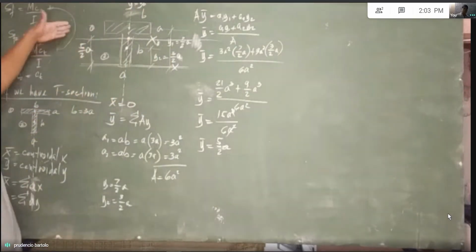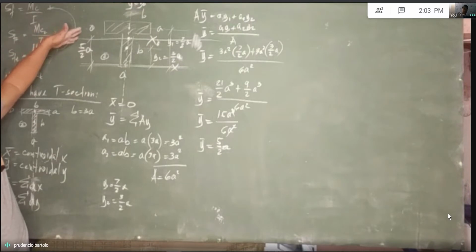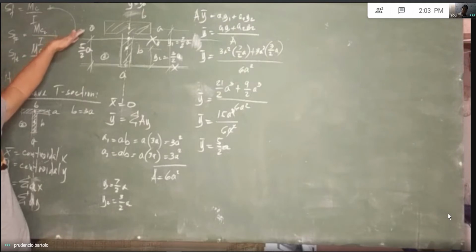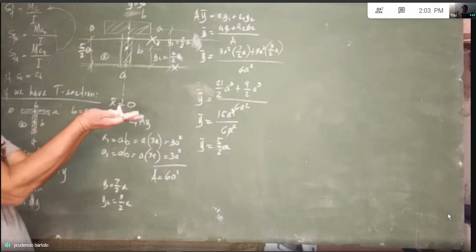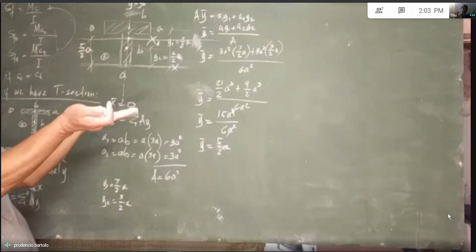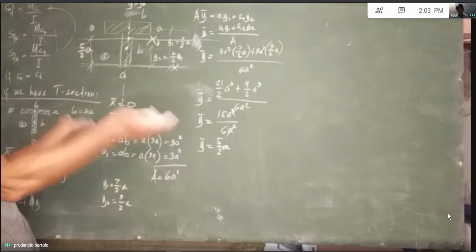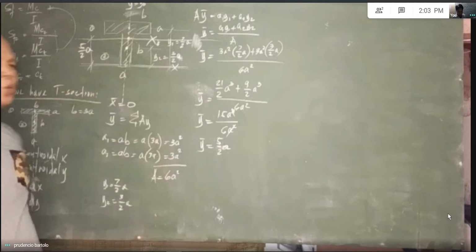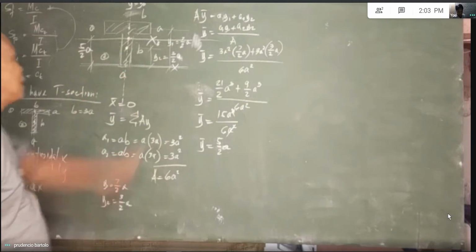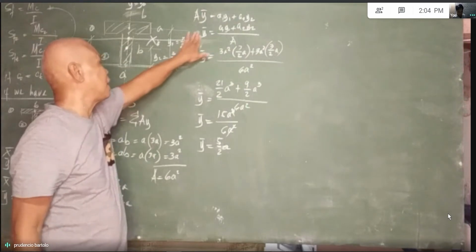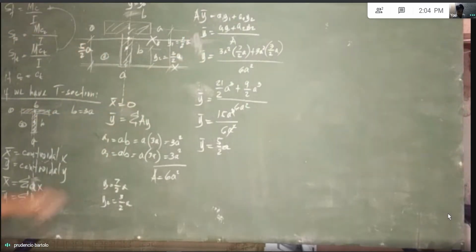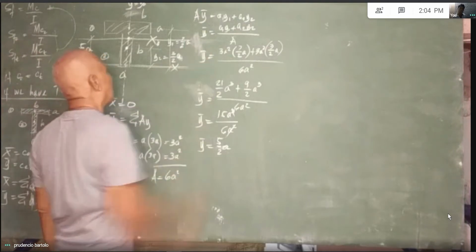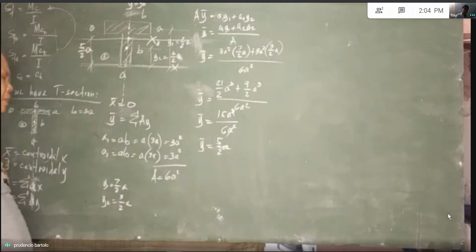Now, why is it that we are only going to consider the centroidal X moment of inertia? It is because we are talking of a beam along the horizontal, so the deflection that we are going to have will be with respect to the horizontal. So we will be concerned only with the centroidal X moment of inertia.